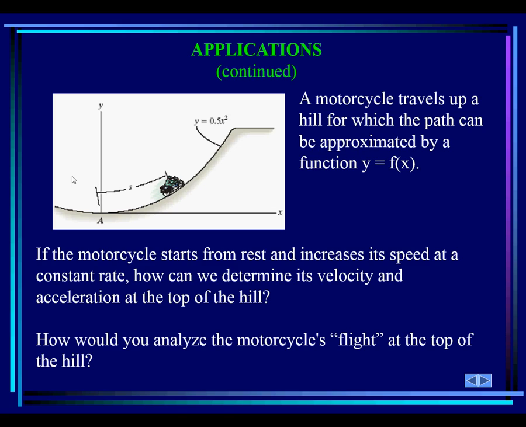Now, I think that we should make a clarification here. What's speed and what is velocity? Because we don't want to get these terms confused. The speed is actually the magnitude of the velocity.